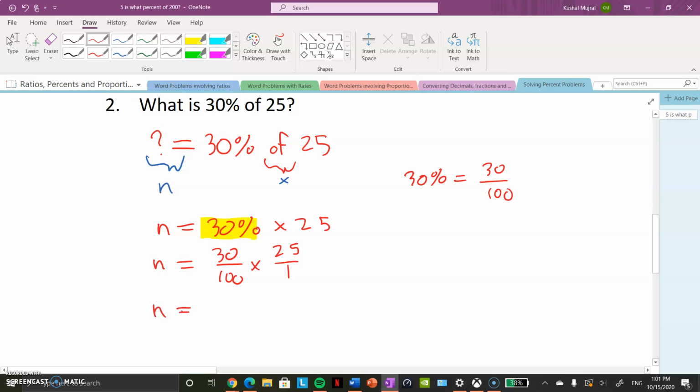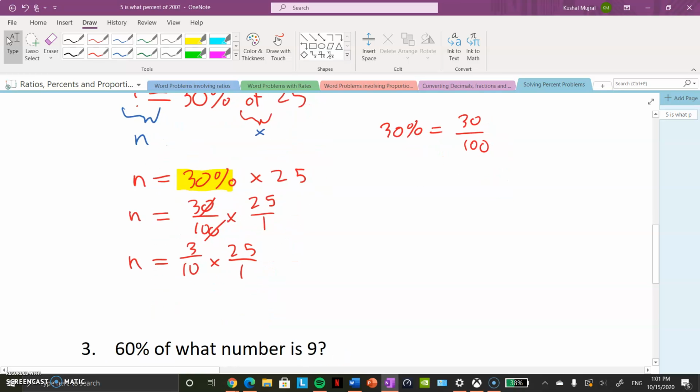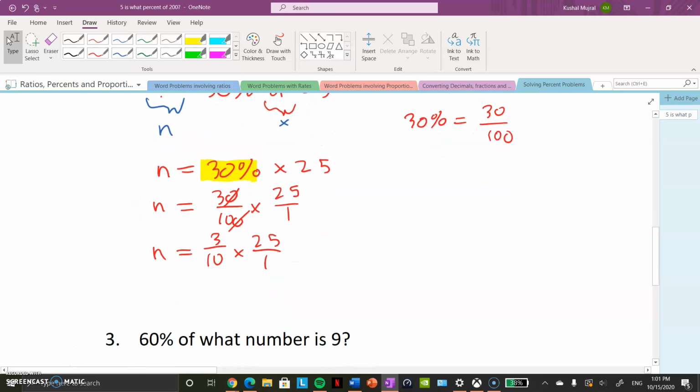So n equals, now we can simplify this, 3 over 10 times 25 over 1. Now, there are two ways that we can solve this. We can first cross-reduce, or we can just multiply the top and the bottom. If we just multiply the top and the bottom, that's 3 times 25 over 10 times 1, which is 75 over 10, which is 7.5.